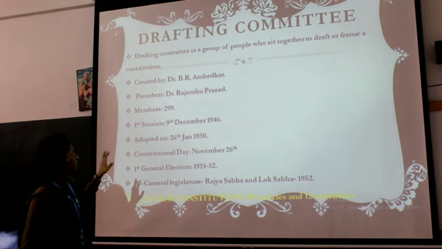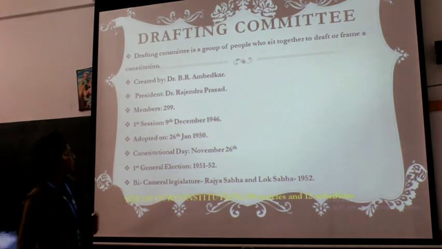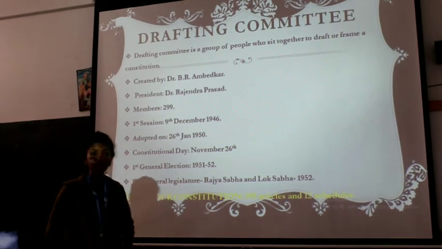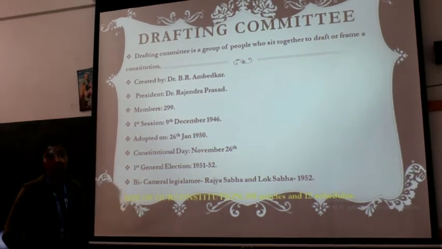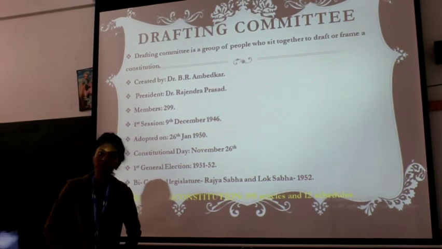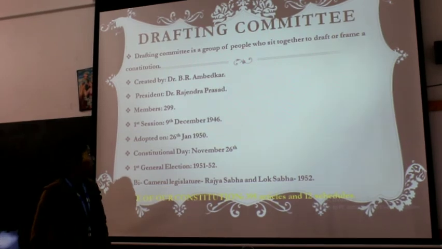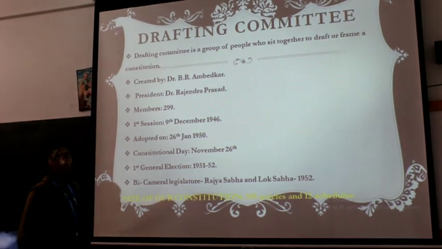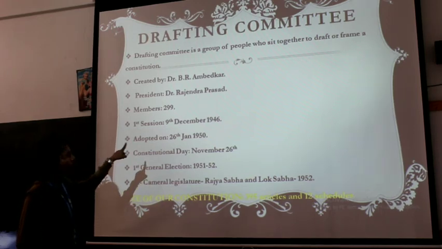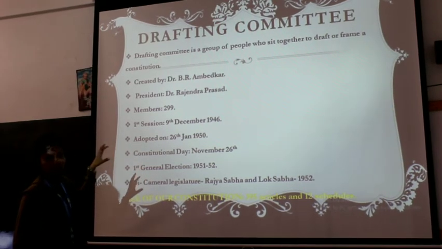And for the first drafting committee, the president was Dr. Rajendra Prasad. So in the first committee, the members included 299. This was the total number of members included in the drafting committee.